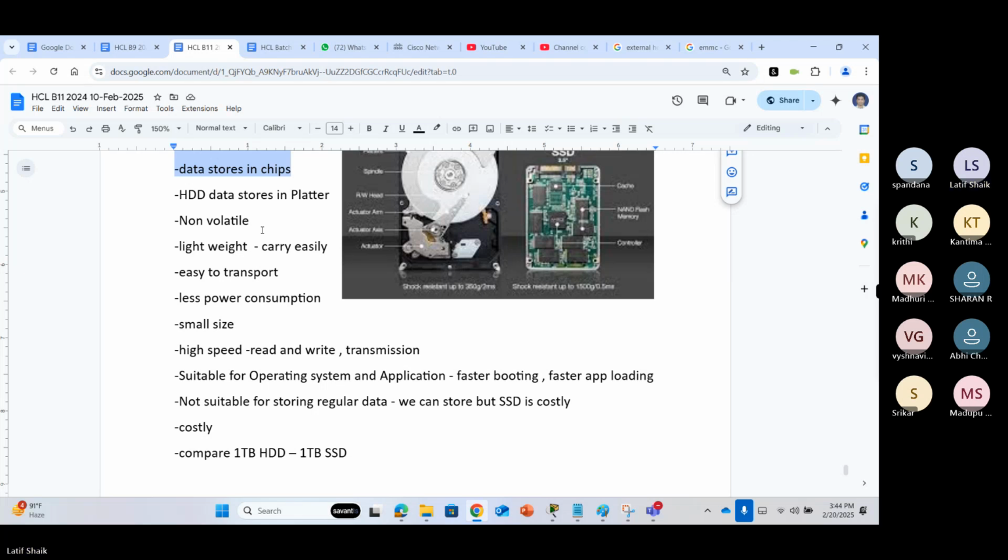It's suitable for operating systems and applications, with faster booting and faster application loading. Not suitable for regular data, meaning you can store regular data also, but as I said, the size will be lesser because of cost.